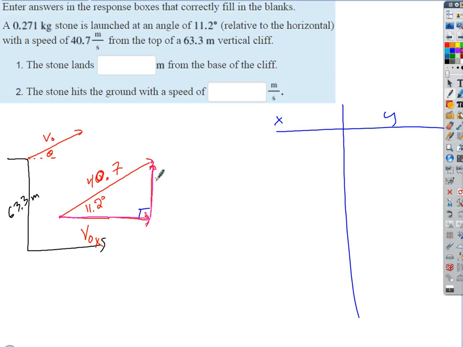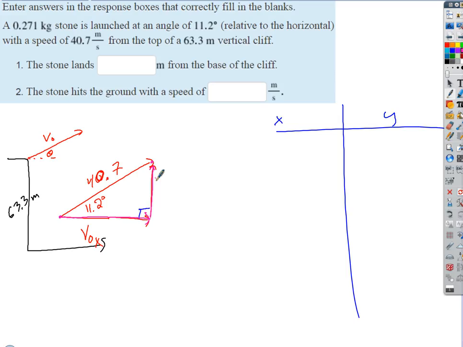This is a good little mental test to do on problems like this. If I were looking at this straight on, I would be isolating the vertical component of the rock's motion. It would look like somebody just tossed it up in the air and it went down all the way to the ground. Looking from above, I would isolate the horizontal component.